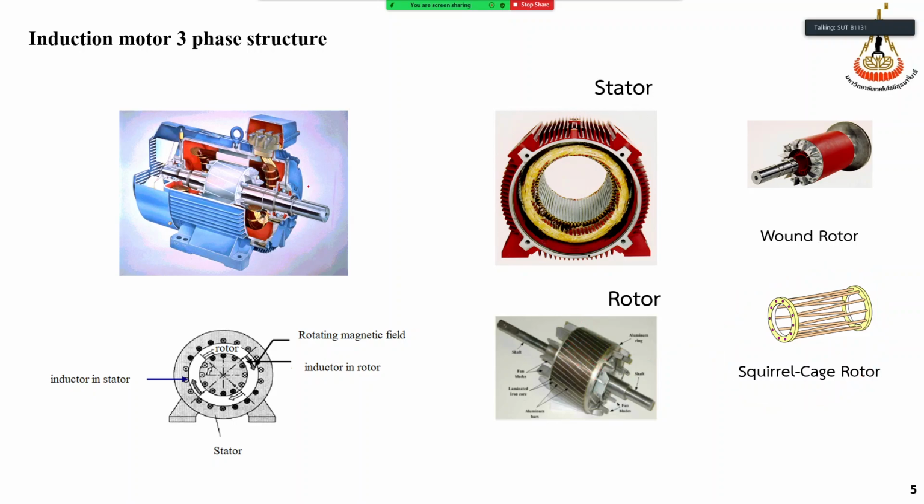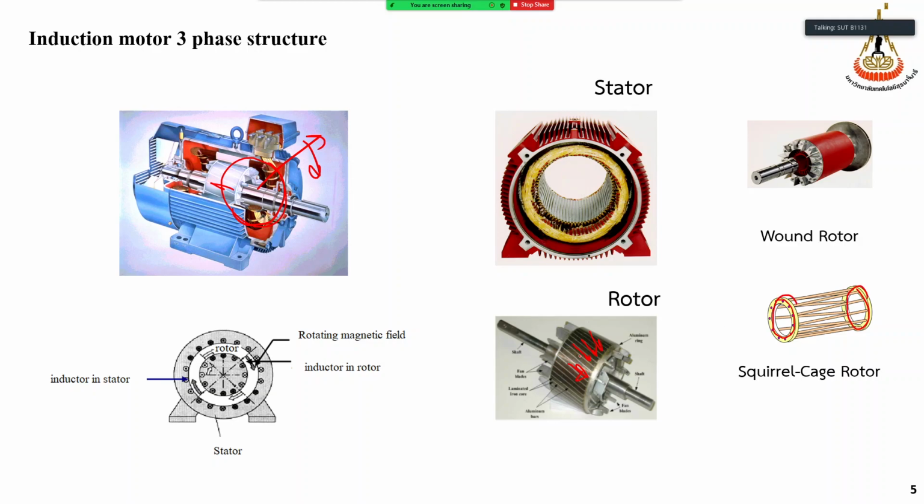When the stator produces the rotating magnetic field, it will cause current to flow in these bars. By shorting at the end, the current can flow in the circuit.